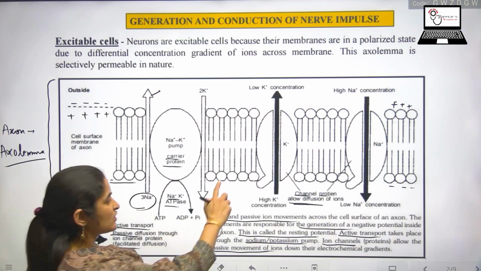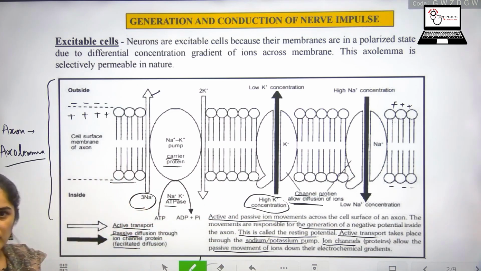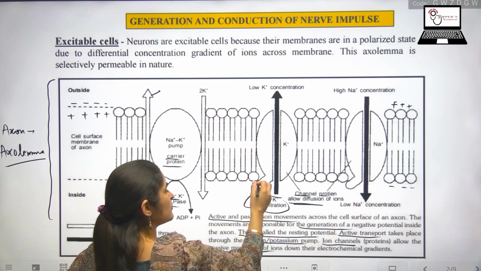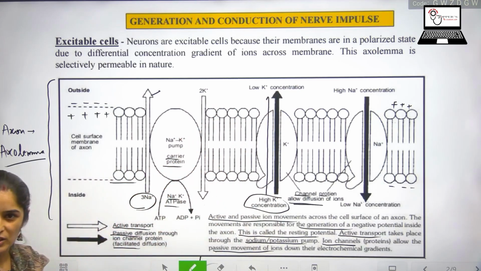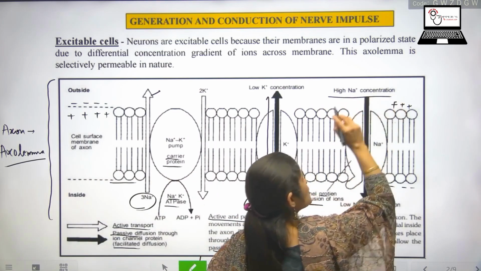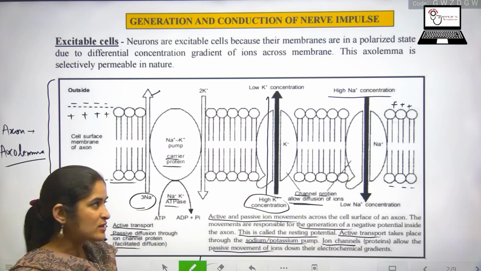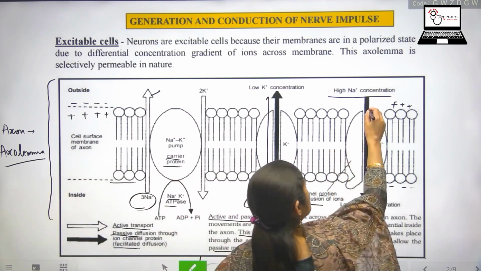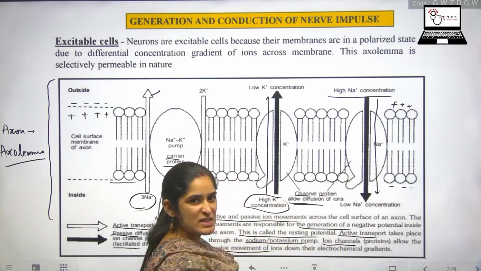See here, the concentration of potassium ions is higher inside the membrane, so these potassium ions will move from the higher concentration to the lower concentration. If we talk about sodium, the concentration of sodium ions is higher outside the membrane, so they will move inside the membrane due to the lower sodium concentration inside.